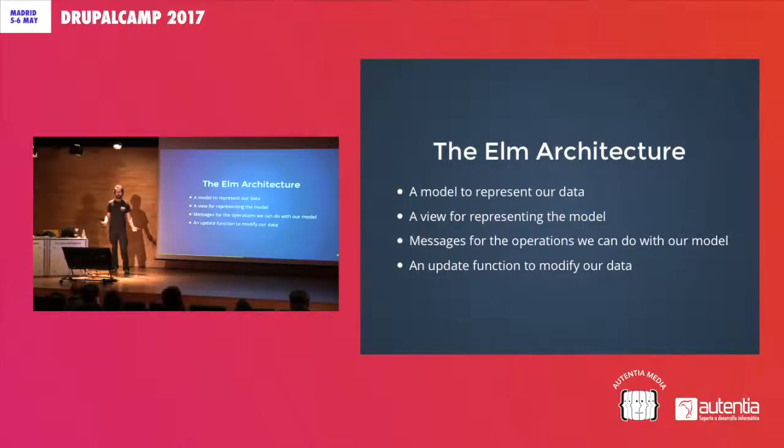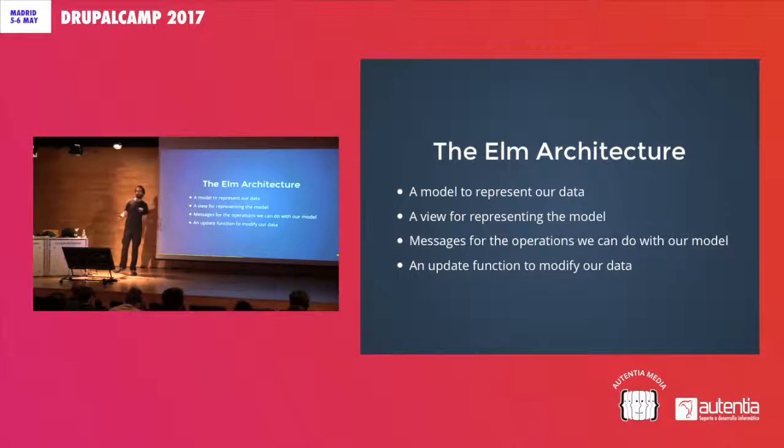Actually, Redux and Elm are every time copying each other, because both of them are evolving in different ways, and they are getting the good ideas from each side. So basically, the Elm architecture, or Flux, or Redux, or whatever you want to call it, has a model that represents the data we are handling.